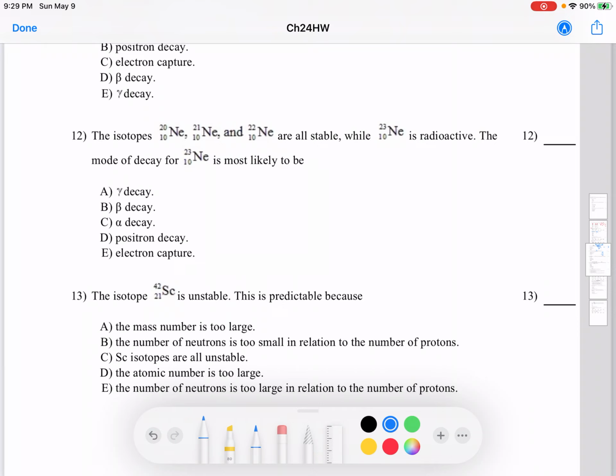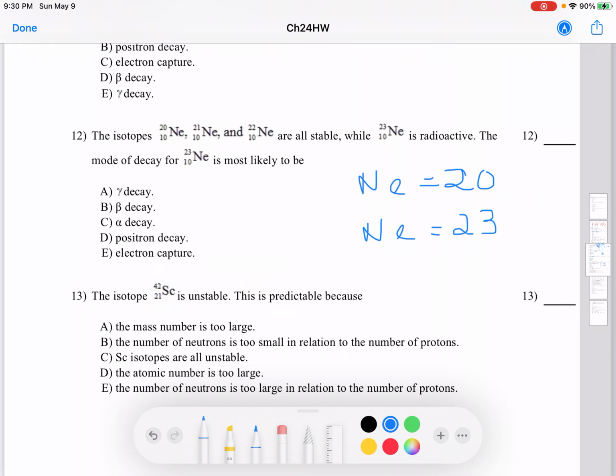Now, neon, if you look at the periodic table, atomic number 10, what is the mass? Atomic mass is 20. Number of protons is 10. What is given here? Neon, not helium. Yeah, it's neon. That is going to be 23.